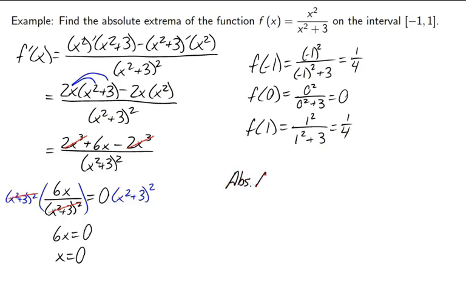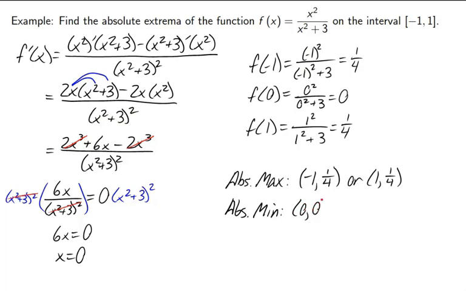The absolute max, we have a choice this time, don't we? Anytime this happens, we simply say one or the other. So it could be at -1, 1/4 or 1, 1/4. Either one can be called the absolute maximum. And then the absolute minimum happened at 0, 0.